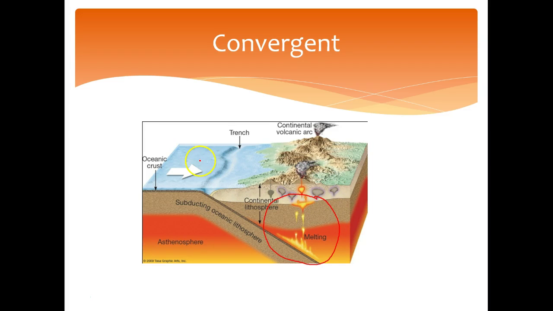Now because this is oceanic versus continental crust, we have a continental volcanic arc. And that was something that we went over in the tectonics unit. But as I keep saying, everything in our class is connected, and here we go.